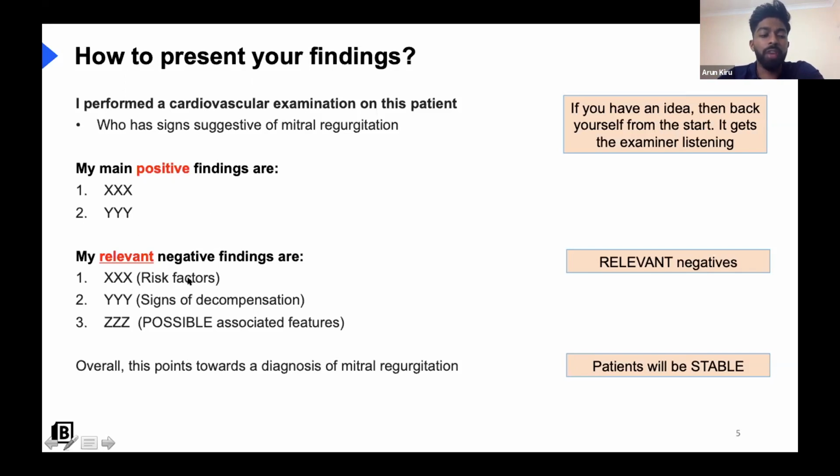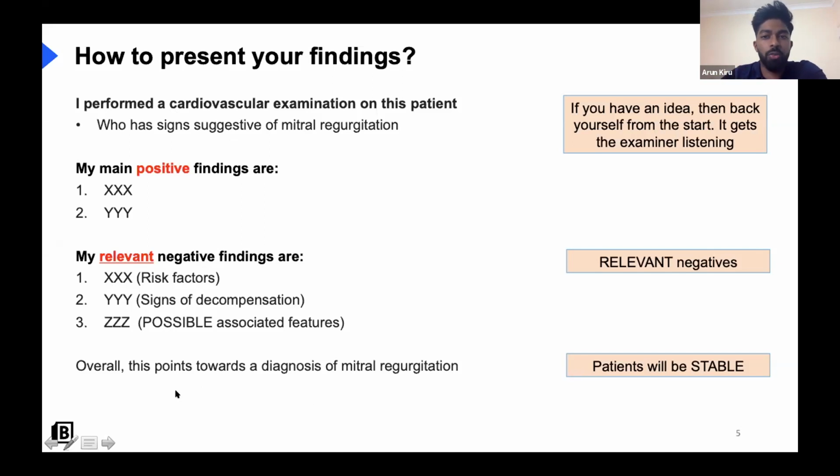But if you revise with an OSCE-based approach, a case-based approach, you know that these are the risk factors I'm talking about. For example, my relevant negative findings are, I couldn't see any finger prick marks to suggest diabetes. That's a vascular risk factor relevant for cardiovascular exams. Signs of decompensation, for example, pulmonary or peripheral edema in cardiovascular, and then the associated features, which are really case relevant. And then you summarize at the end.